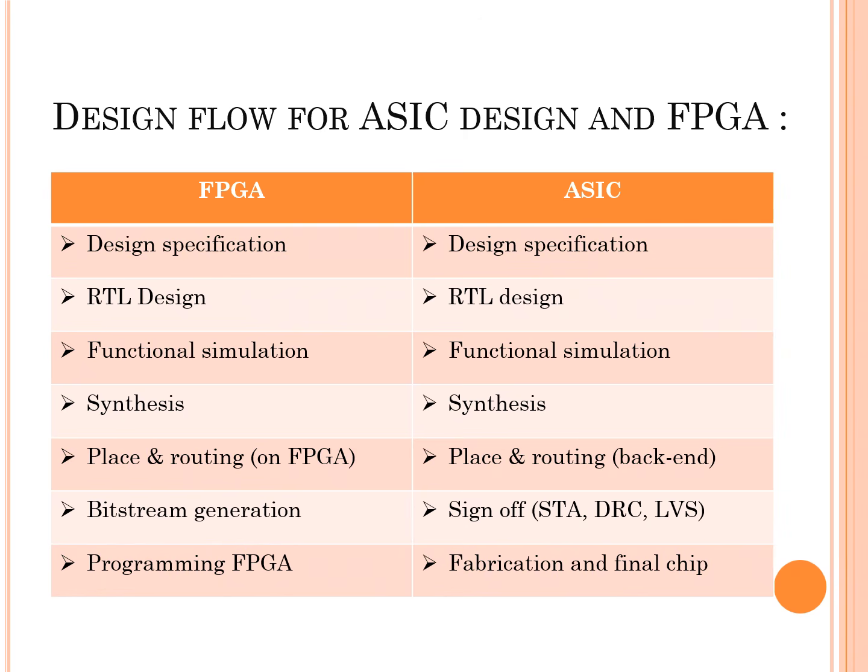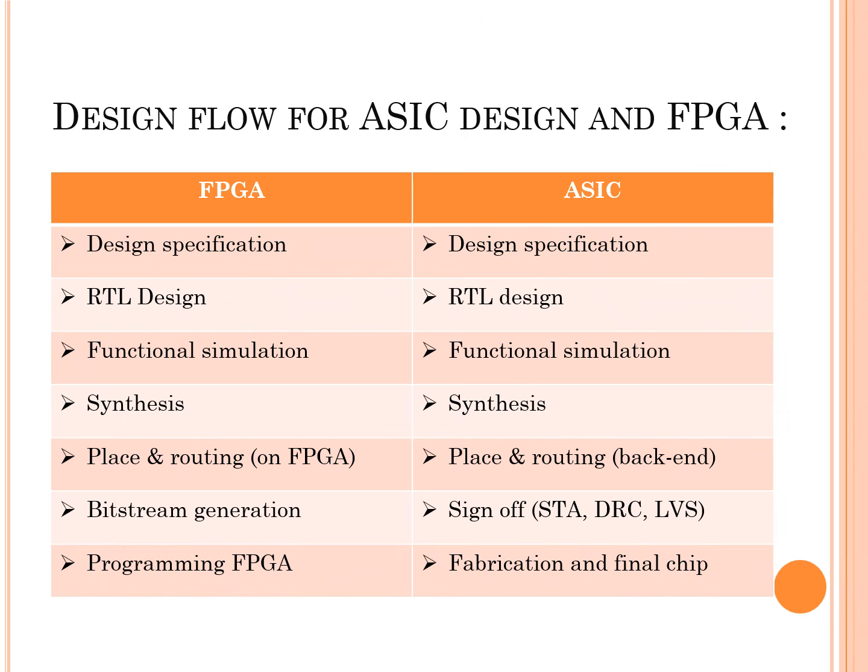Now, let's look at the design flow for ASIC and FPGA. Even though both ASIC and FPGA design flows start with similar steps, the final outcomes and processes differ significantly. Both begin with the design specification, where we define what the system should do, followed by the RTL design, written using HDL languages like Verilog and VHDL.